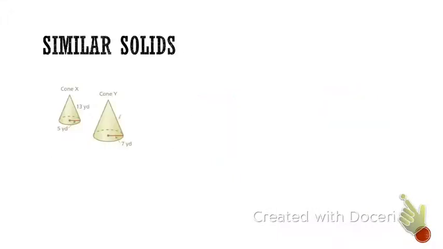And now let's talk about similar solids. With similar solids, ratios and proportions are so important. All right, so there's not just one way to set this up. You could set it up different ways. So you notice on both cone X and Y, you're given a radius and you're given a slant height. So when I'm setting up these ratios, I need to make sure I'm going in the same order.